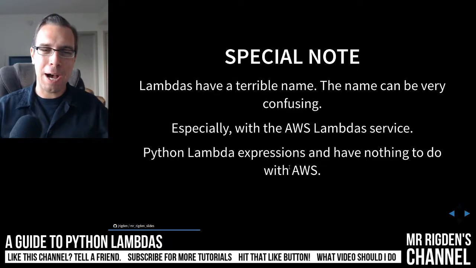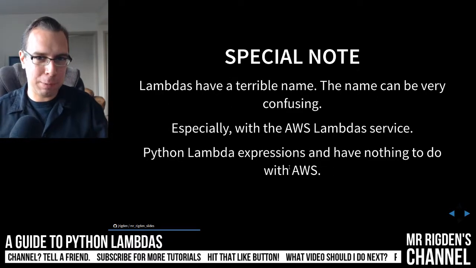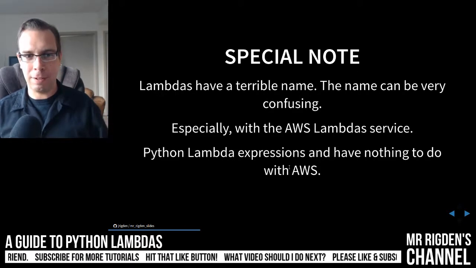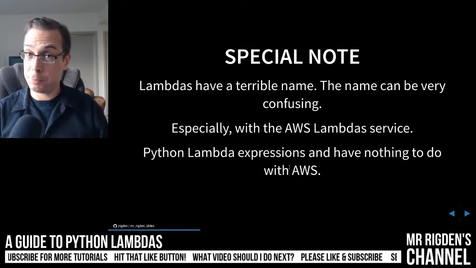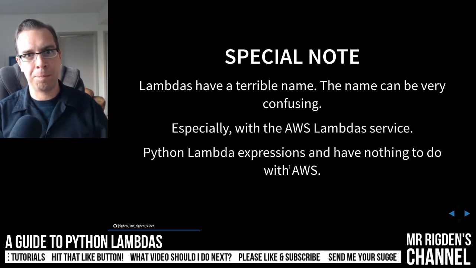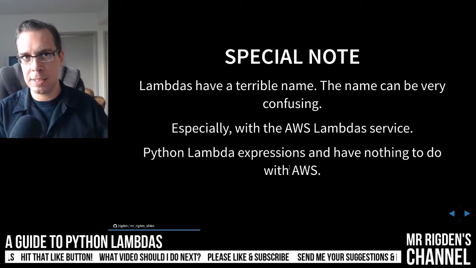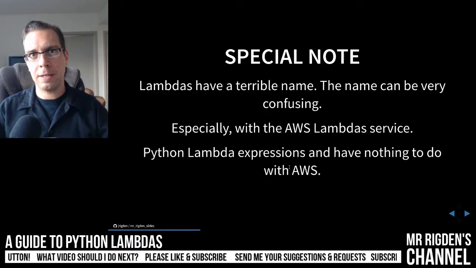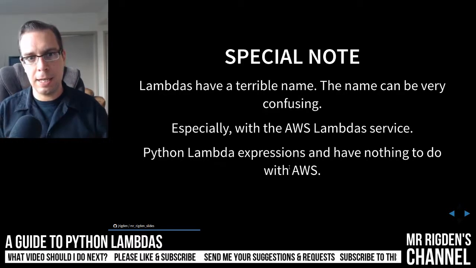Special note, I think Lambdas have a terrible name. It's very confusing to people. It's not very intuitive at all to the average person. And especially now with AWS Lambda, their serverless architecture that also supports Python, that has made the confusion even worse.